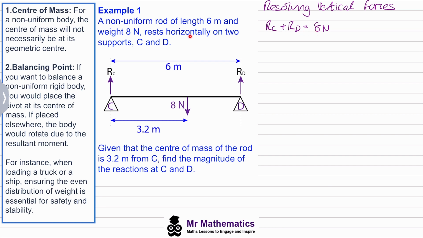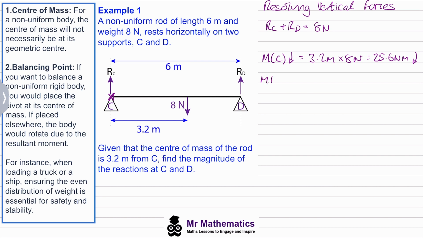Because it rests horizontally, the resultant of the clockwise moment and the anti-clockwise moment is 0. So if we take moments about C, the clockwise moment will be 3.2 meters multiplied by the downward force of 8 newtons. So 3.2 times 8 gives a moment of 25.6 Newton meters acting clockwise.